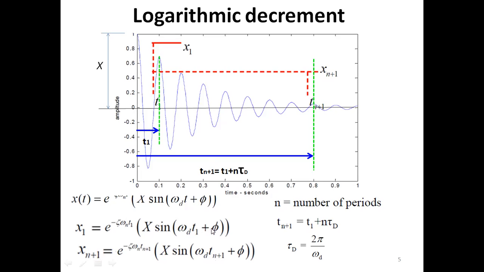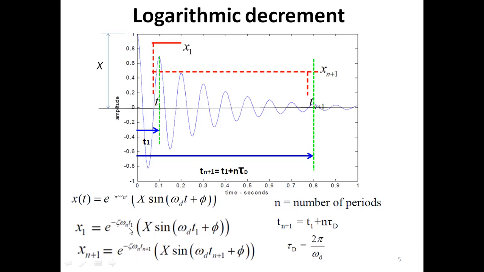So we have the equations for two displacements, x1 and x n plus 1. There are some common parameters, and the target is to find an equation for zeta. So we don't want X and all those other quantities.